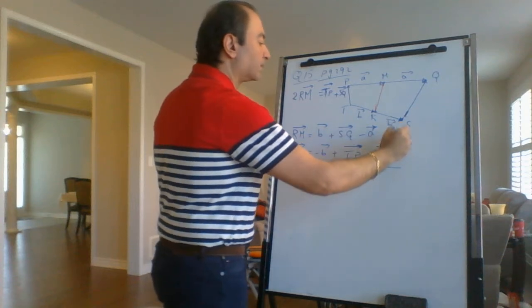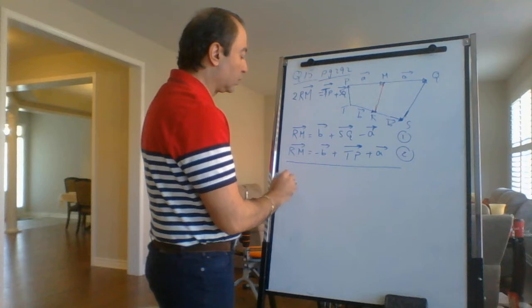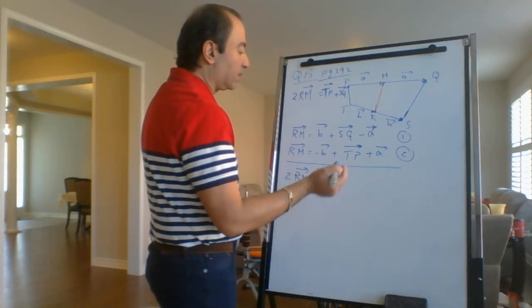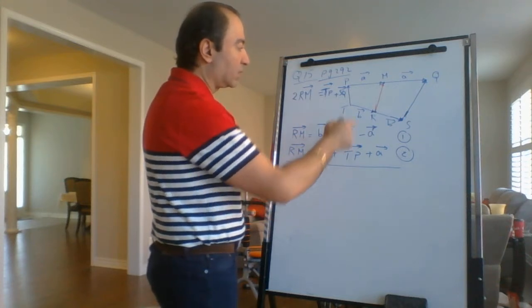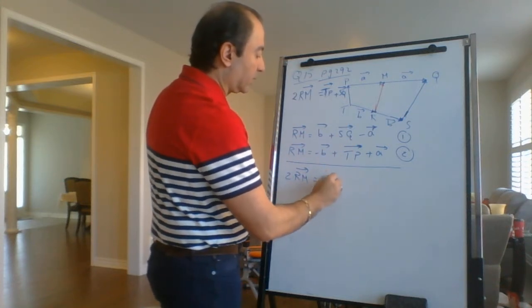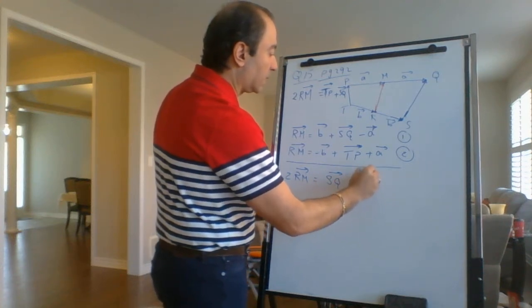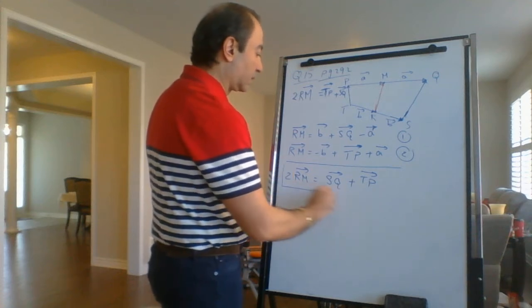Now, this is 1 and this is 2. If I add these two, this will be 2 vector Rm. B minus B, I go and come back, so B minus B is 0. SQ plus TP, and negative A plus A is 0. So this is the result.